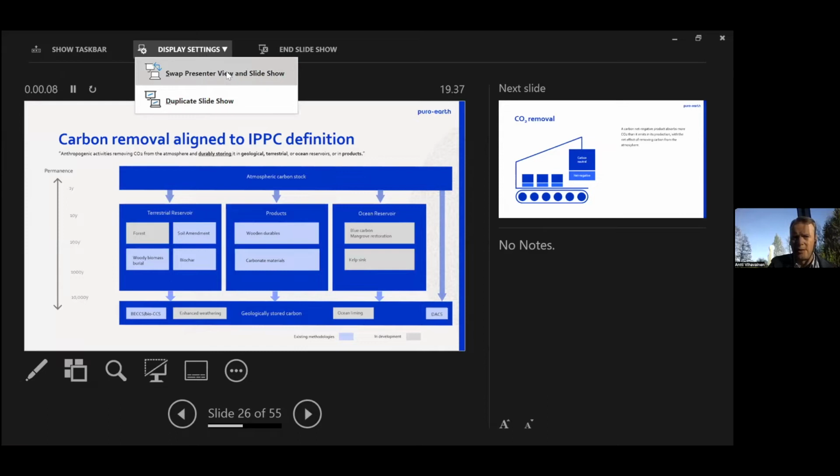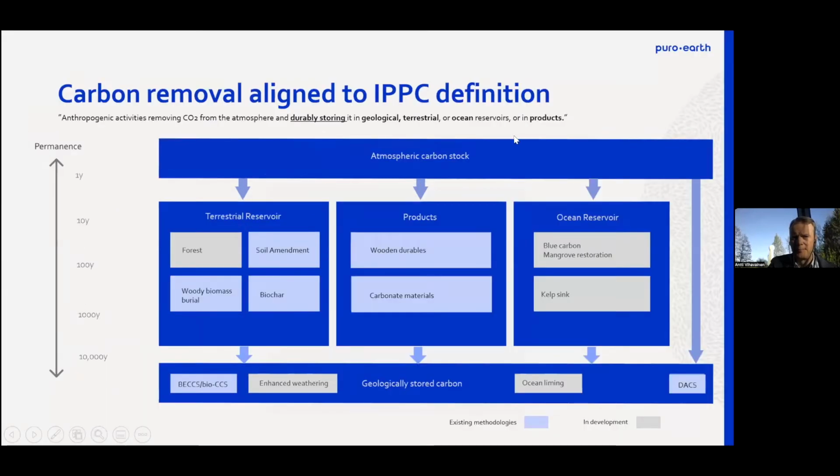Thanks. That's it. So like Antti said, direct air capture is already in our existing methodologies. In our books, it's called geologically stored carbon.